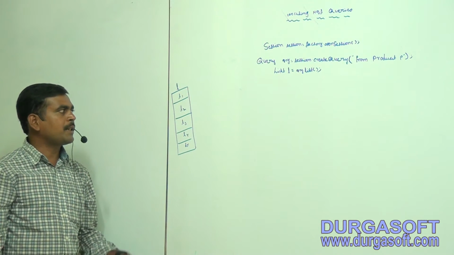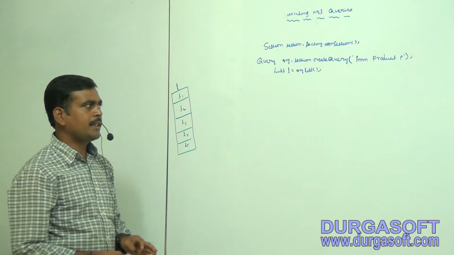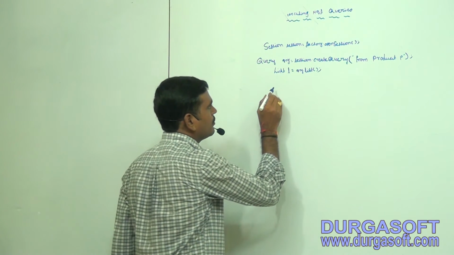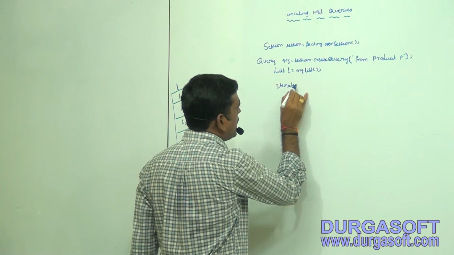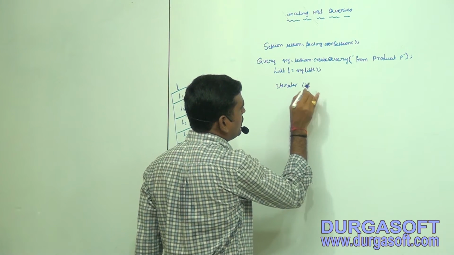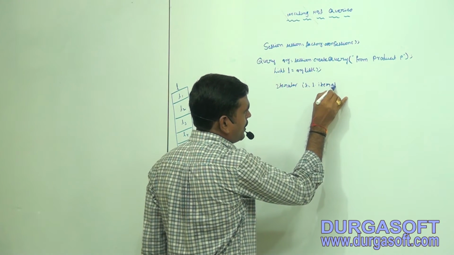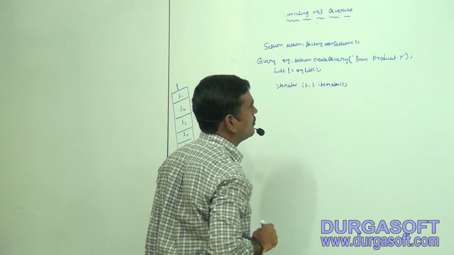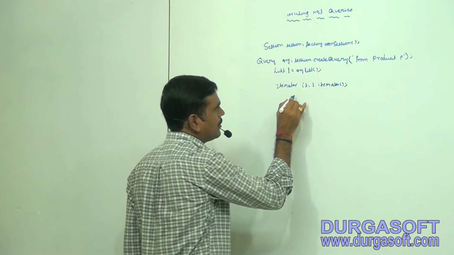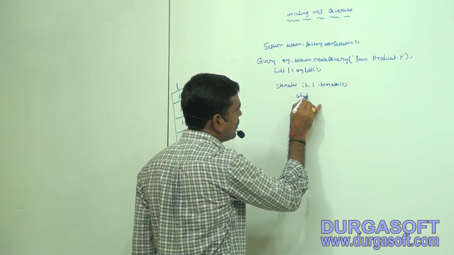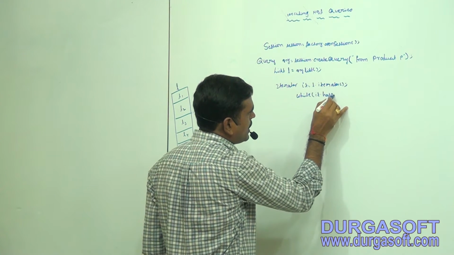After getting the list of objects, then what we have to do? We need to iterate, right? We need to iterate. Iterator it is equal to L dot iterator. After that what we have to do? We need to use while it dot has next.